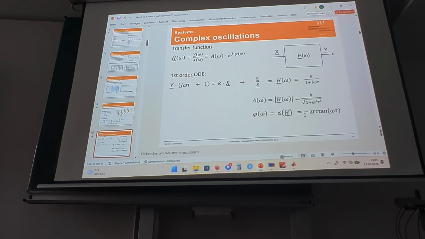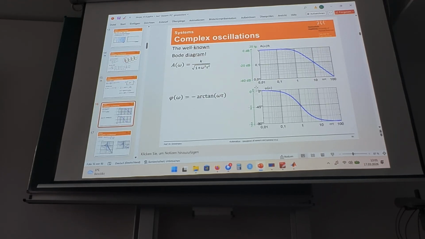So it's not just possible to measure these, you can also say, okay, this is mathematically defined, and when we plot this, it yields exactly the same diagrams as in the measurement. So this is not just by chance, this is true for every first order system. And not only for electric systems, not only for a circuit, it's also valid for a mechanical system, for example with a spring, or with a damper and things like that.